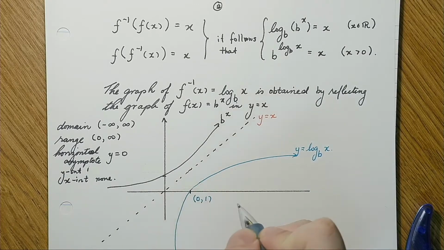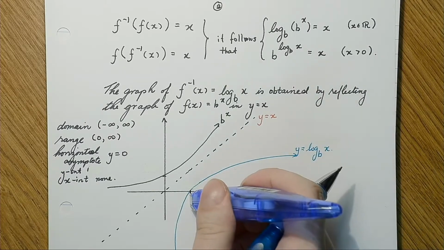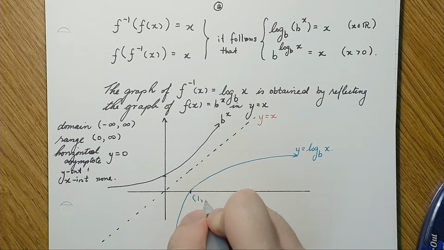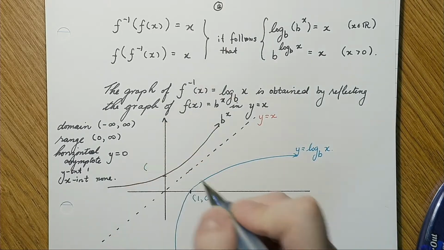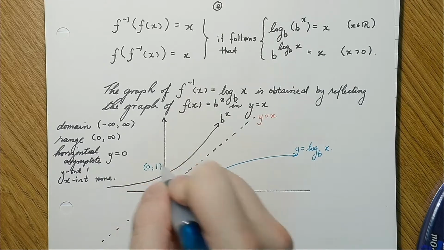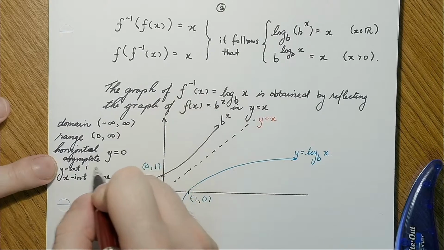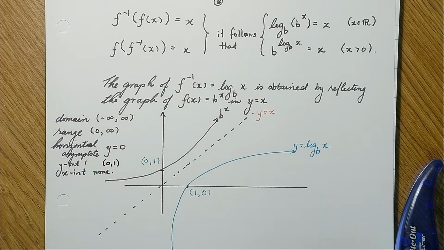Here's 1. Did I just draw it and say it again? No. It should be 1. X is 1. There we go. X is 0. There should be 1. There. Perfect. Now it's all good. Excellent. Thank you.